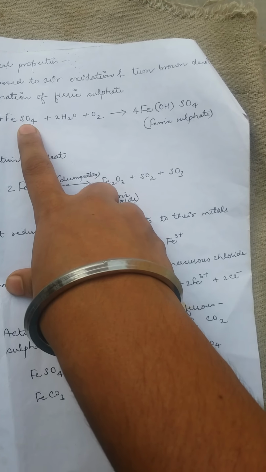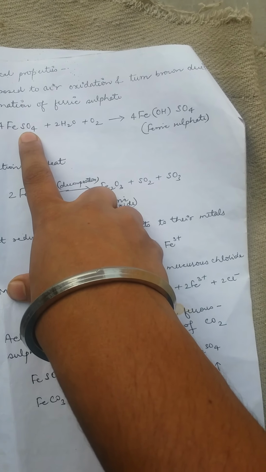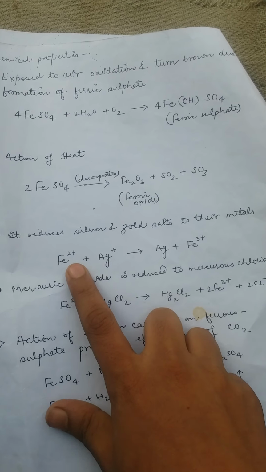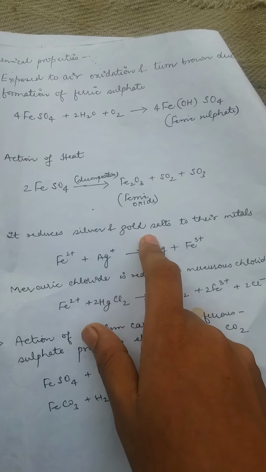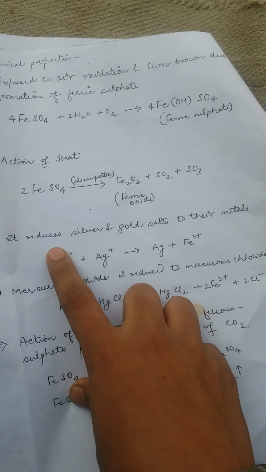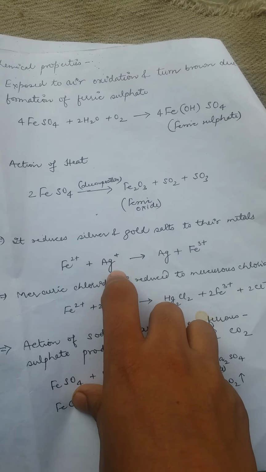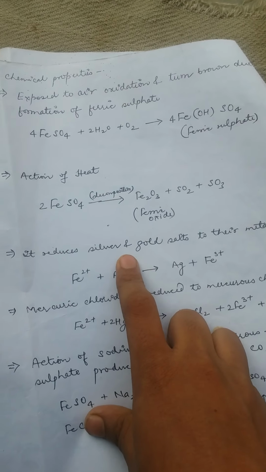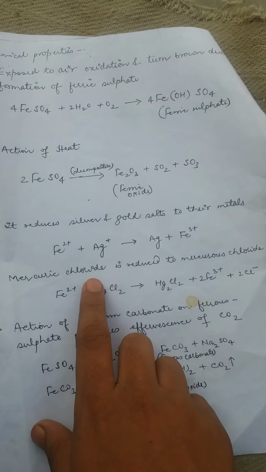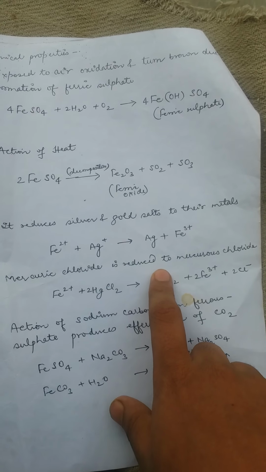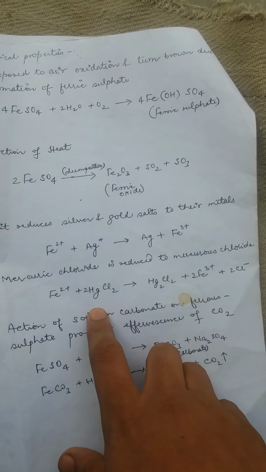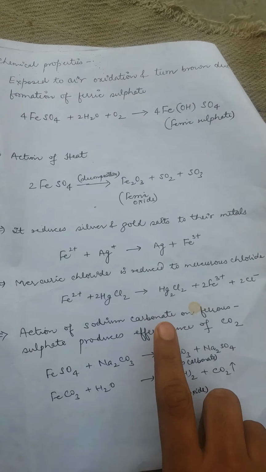So this ferrous ion reacts with the silver and gold salts and forms their metal. Here the oxidation of the ferrous ion to ferric ion will occur and the reduction of the gold and silver salts. Similarly, mercuric chloride is reduced to mercurous chloride.